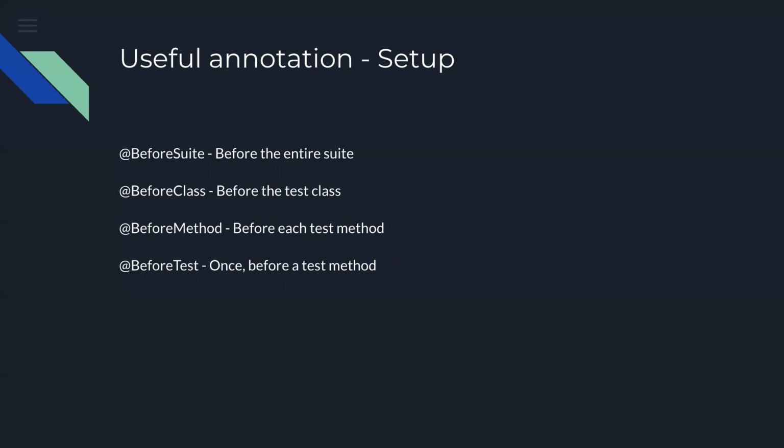The before method is before each of the test methods. This is the most useful one, by the way. Don't be mistaken by the before test, because the before test only happens once before one test method. Only once. So usually we're using the before method if we want to have a precondition to each of the tests. A nice precondition could be to initiate the Webdriver.